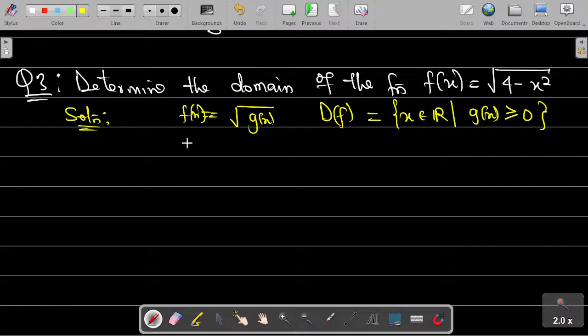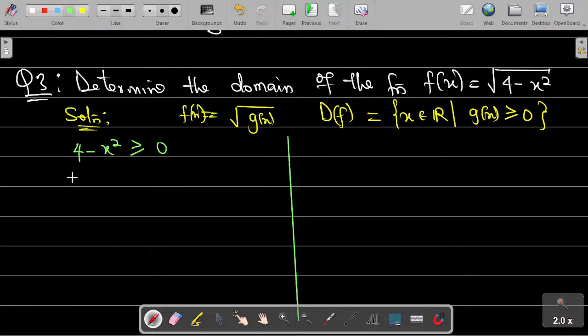All right? So this is all you need. So in other words, to solve a problem like the one we are given, just pick everything under the root and then state that it should be greater or equal to 0. Once you do that, solve the resulting inequality. Whatever you get is your solution. Let's quickly go into it.